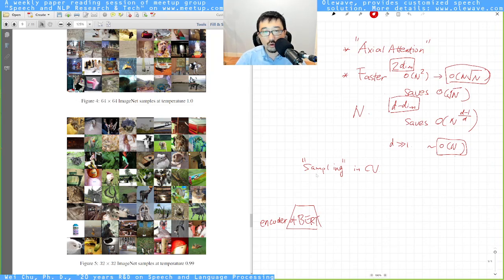So your goal is, given a sequence x1 to xn, where xn could be the word piece, the question is, what's the next word piece? Just predict this.